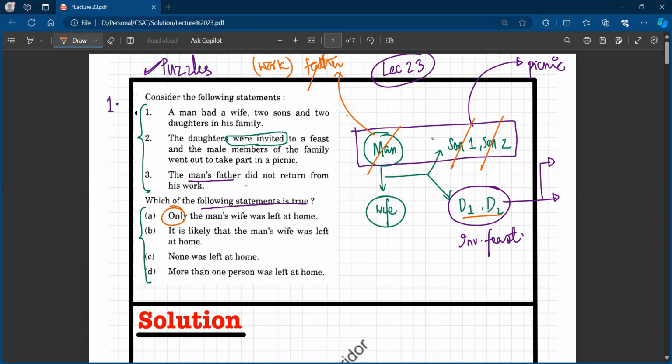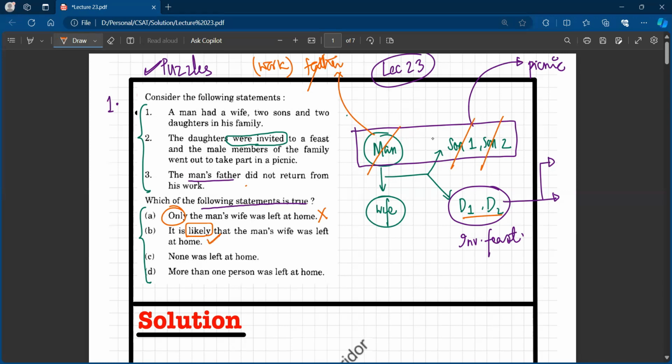It can be the wife and it can be the daughter. So you cannot conclude that only the man's wife is at home. So this statement stands wrong. It is likely that the man's wife was left at home. Yes, it's likely the man's wife is at home. So this is the correct statement as of now.